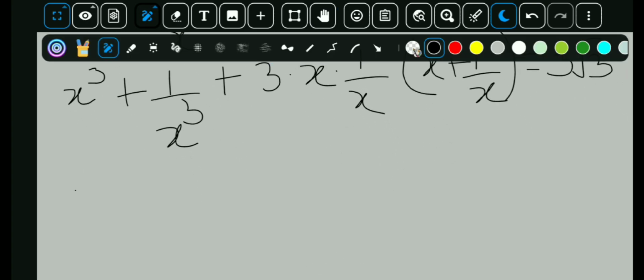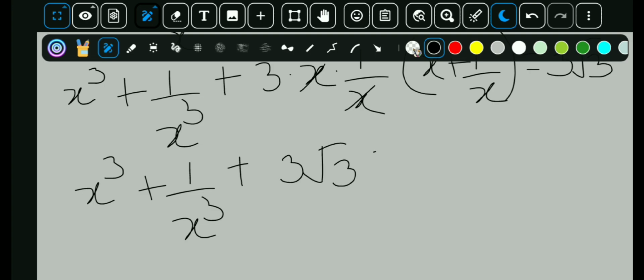Now further simplifying it a bit, you will get x cube plus 1 over x cube plus, this x and 1 over x will cancel each other, and then x plus 1 over x as given in the question is root 3. So by putting the values we will get 3 root 3 is equal to 3 root 3.